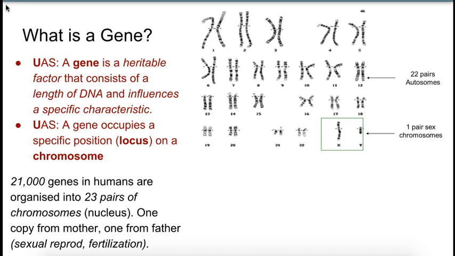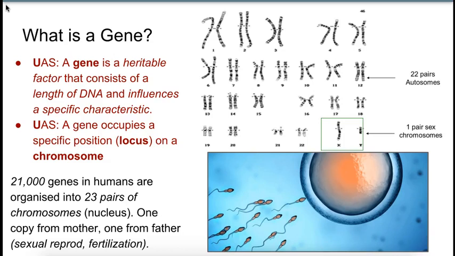And down the bottom right-hand corner, we can see one pair of sex chromosomes. In this case, indicating a male, as it has an X and Y chromosome. And of course, we get our individual members of those pairs from the sperm, which is bringing 23 chromosomes, fertilizing the egg, which also has 23 chromosomes. And that's where we get our diploid number of 46 chromosomes.